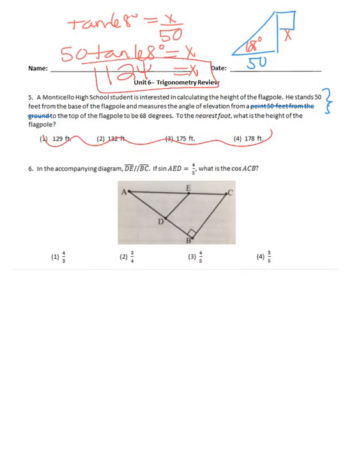In the accompanying diagram, DE is parallel to BC. If sine of AED is equal to 4/5, what is the cosine of ACB? Okay, so the sine of AED, we're back to similar right triangles. So we know that with similar right triangles, we have the same ratios in terms of dilation.